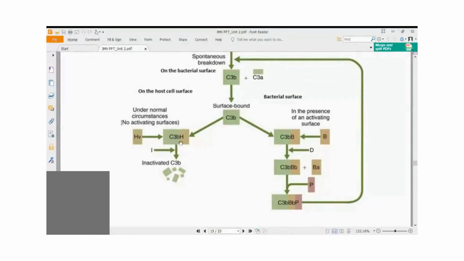By splitting C3b from B, it will prevent that complex from forming on the membrane. Factor H is capable of splitting B, capital B, from C3b.